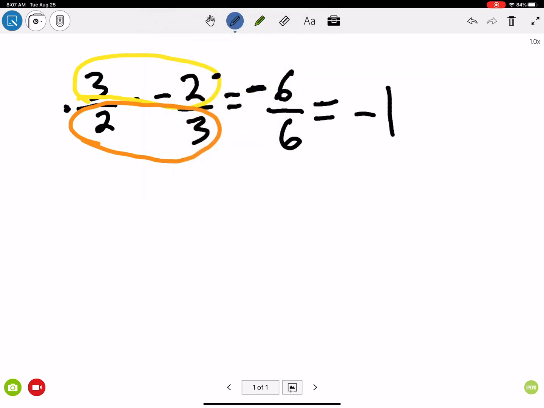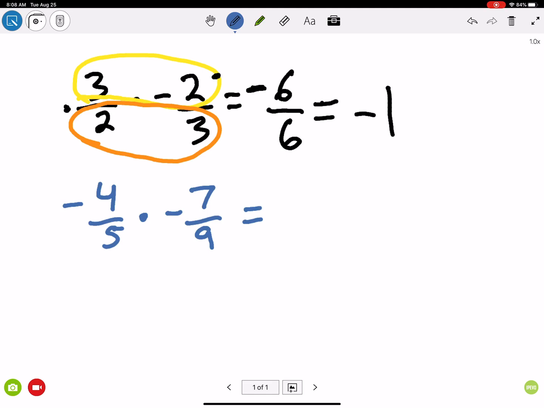Let's do 4/5 times negative 7/9. Okay? Now, again, it doesn't matter where the negative is.